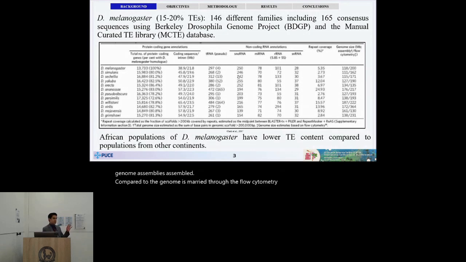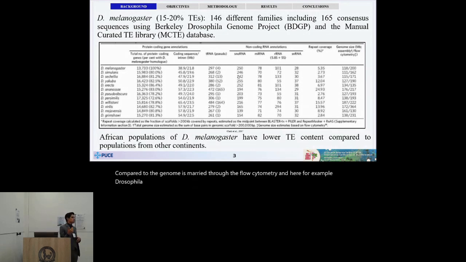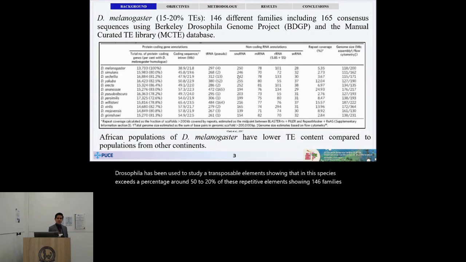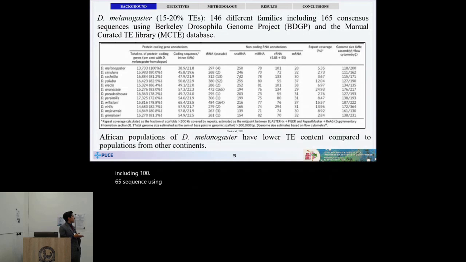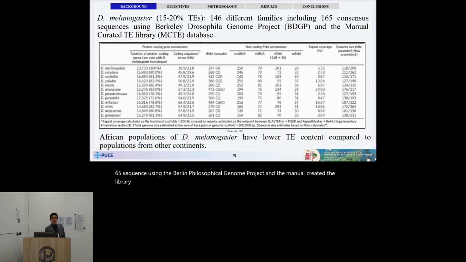Drosophila melanogaster has been widely used to study transposable elements, showing that in this species there is a percentage of around 5 to 20% of these repetitive elements, showing 146 families, including 165 sequences, using the Berkeley Drosophila Genome Project and the manually created TE library databases.